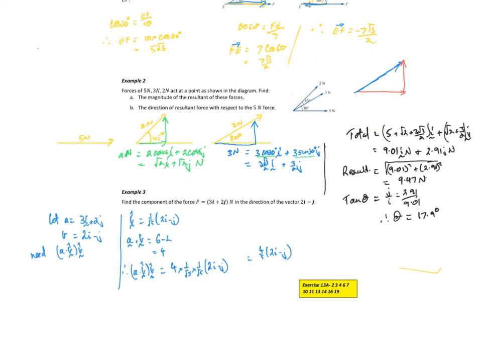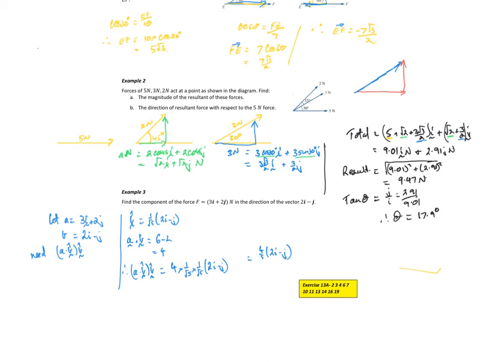So if we evaluate all those and add them, we've got the 5 Newton force acting in a horizontal component. We've got that 2 Newton force acting as root 2 i plus root 2 j. And we've also got the 3 Newton force acting as 3 root 3 on 2 i plus 3 on 2 j. We add all those up and we get 9.01 i plus 2.91 j Newtons.